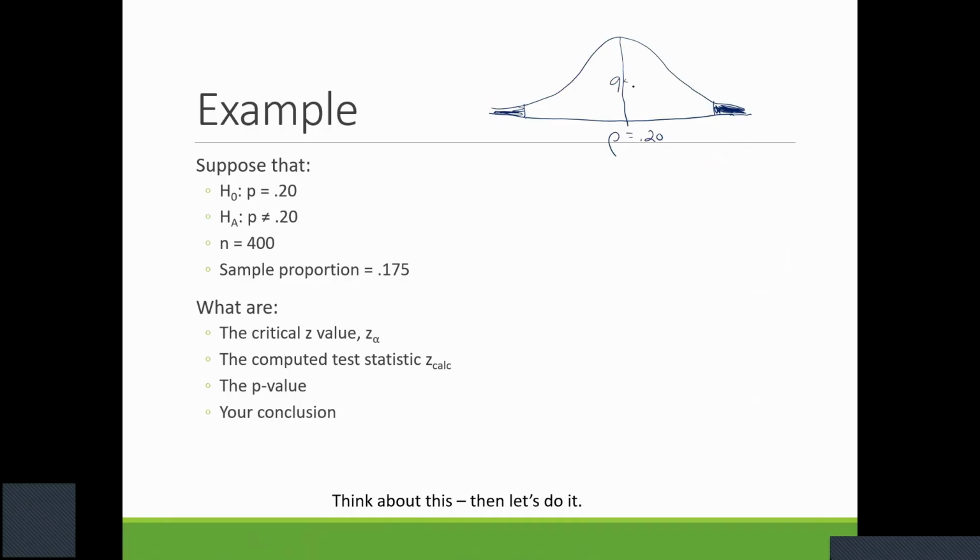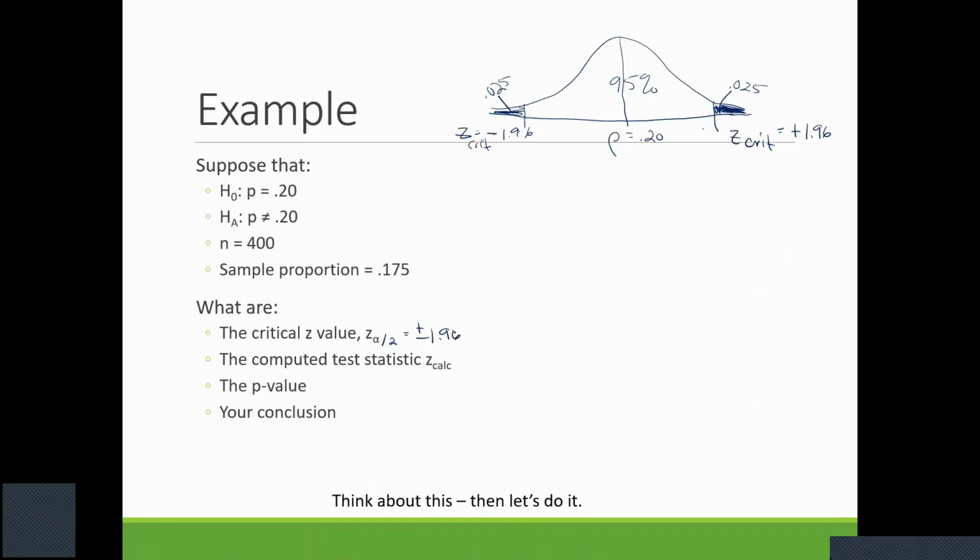This is 95%, this is 0.025 or 2.5%, this is also 0.025 or 2.5%, and the z-score here is negative 1.96. And this is a critical z. Remember, that's the critical zone where we're critical of our null hypothesis. So the critical value in this case, z alpha over 2, is plus and minus 1.96.